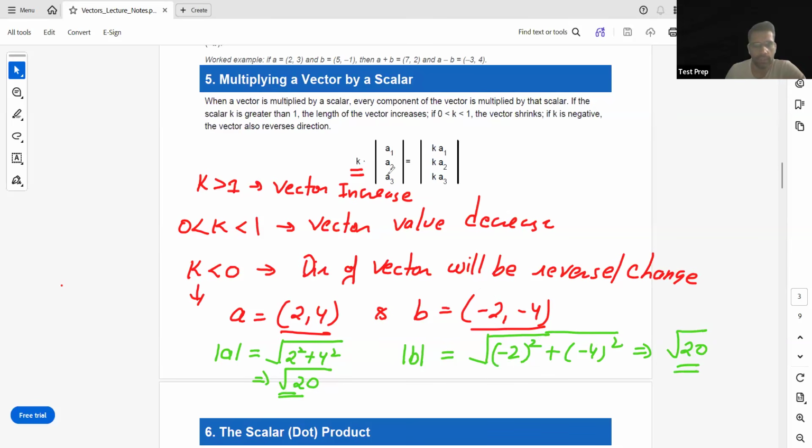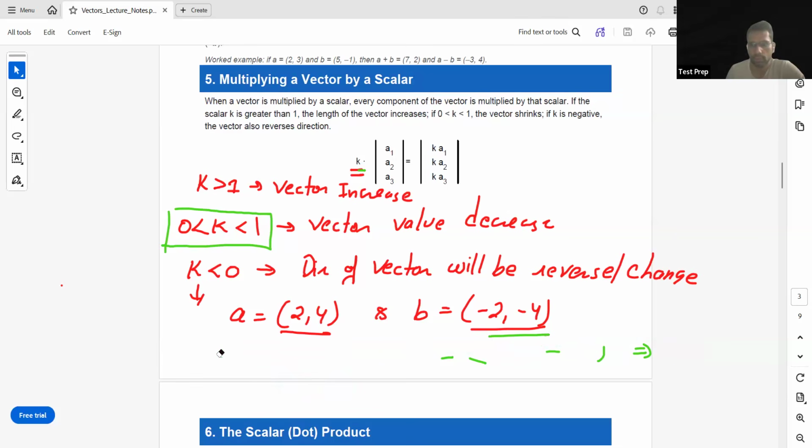If k is multiplied by a1, a2, a3, and k is positive, then we get k a1. In case k is between 0 and 1, for example, a is given as this one. If we assume that we are multiplying this number by k, and the value of k is 1 by 2, which lies between 0 and 1, then multiplying k with a, it becomes 1 and 2.